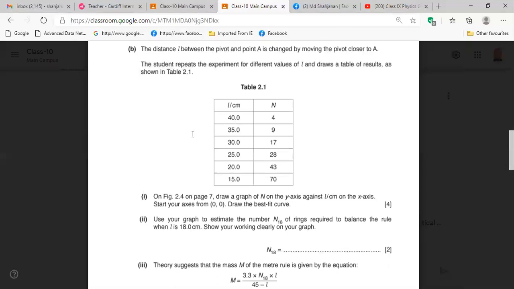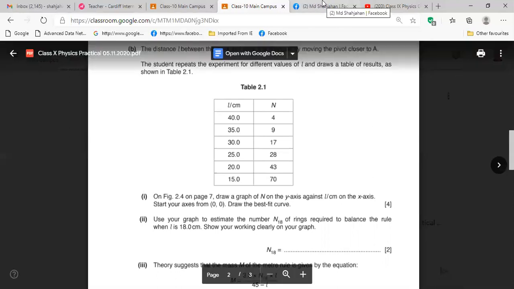Then the y-axis is 25. I think you also saw Ziba's one, right, in the Messenger? Yes, so you understood what the shape of the graph will be. It is a smooth curve.